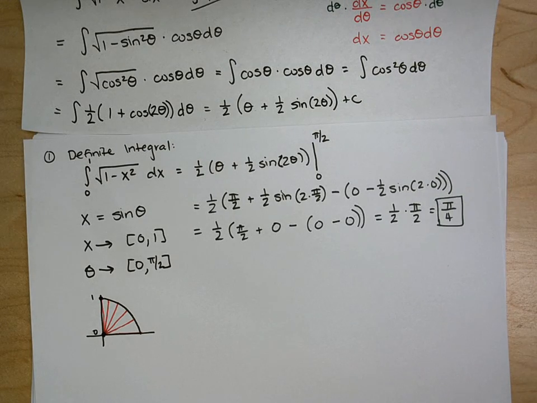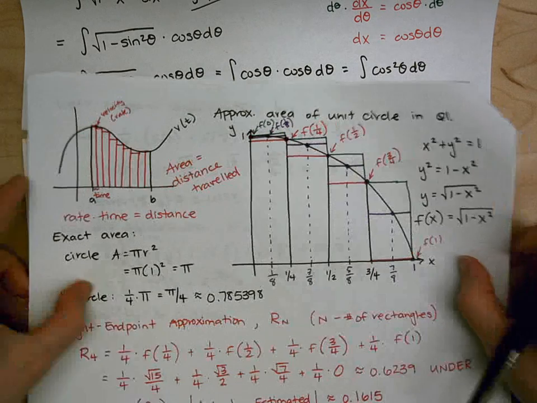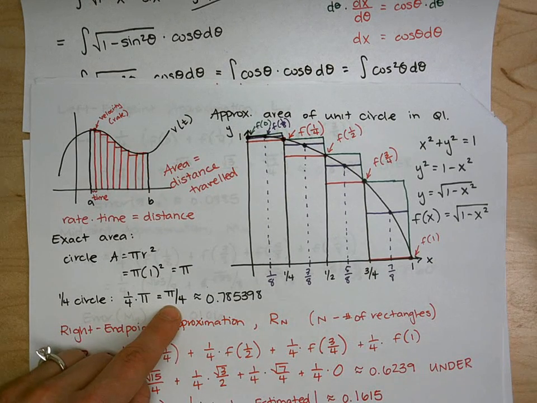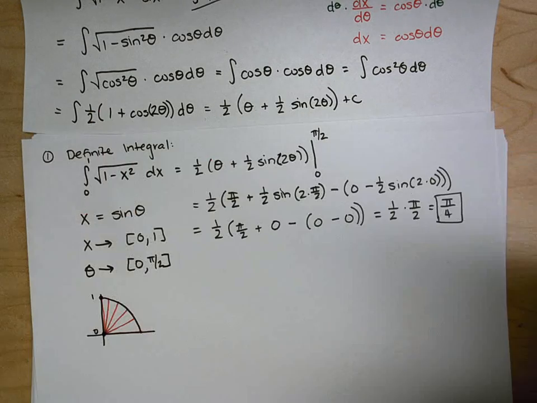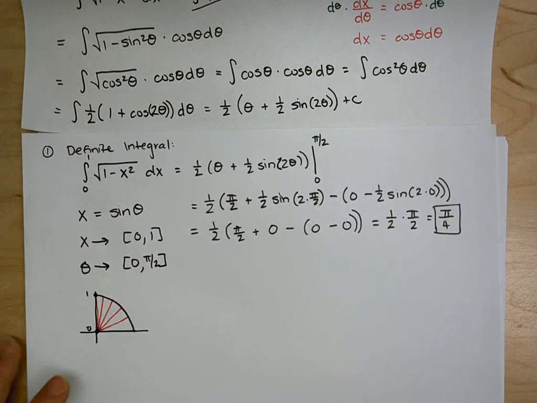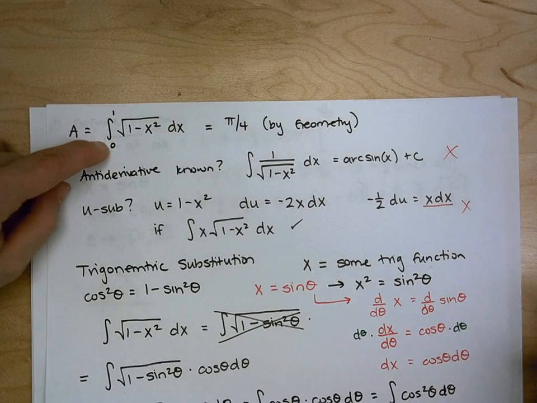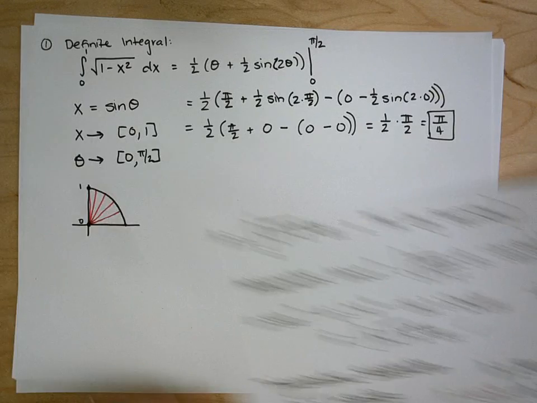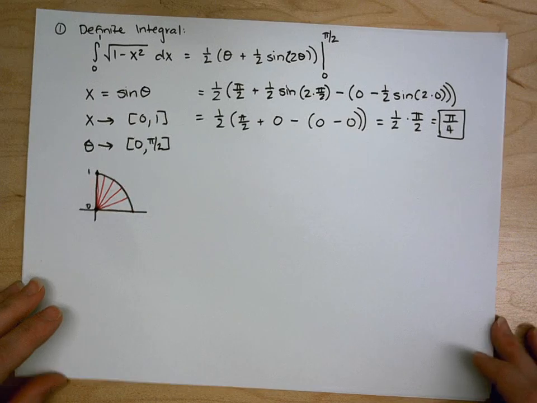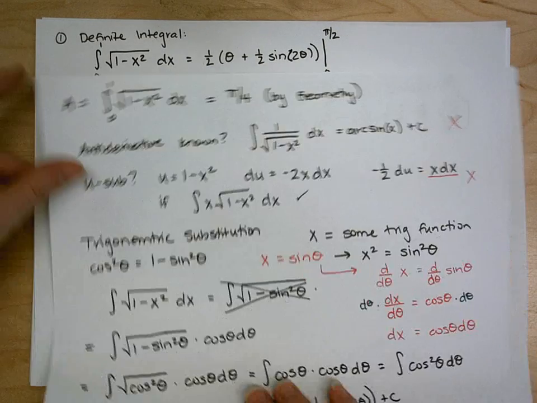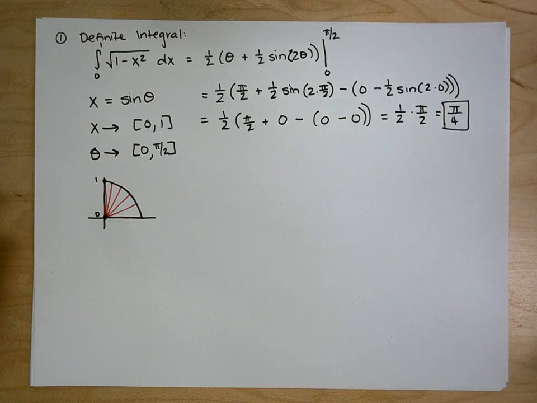Again, that matches with what we initially thought using geometry. The area of the unit circle in the first quadrant is pi over 4. Okay, so if all we were asking was just this, that would be our answer, and we could call it a day. But let's just say for the sake of practice that I also wanted the indefinite integral.